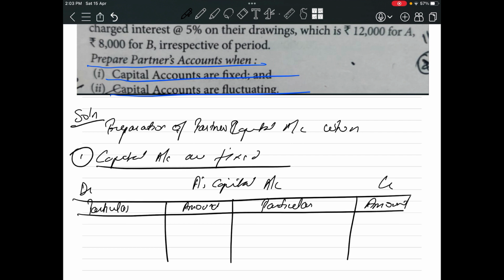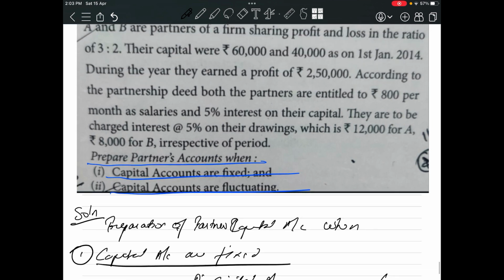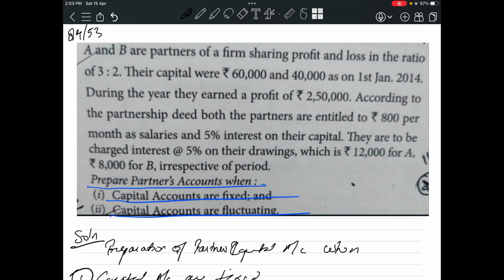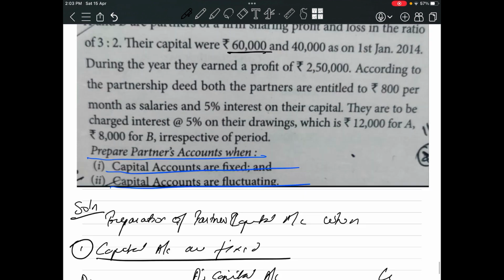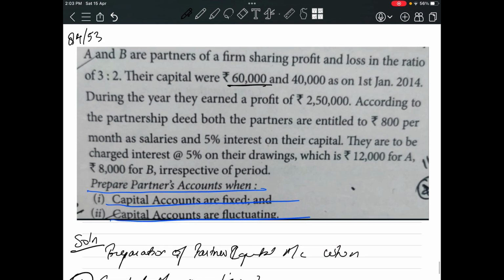Capital accounts are fixed, so we will only write the capital amount. We are preparing this account at the year end, and capital has already been introduced on 1st Jan 2014.